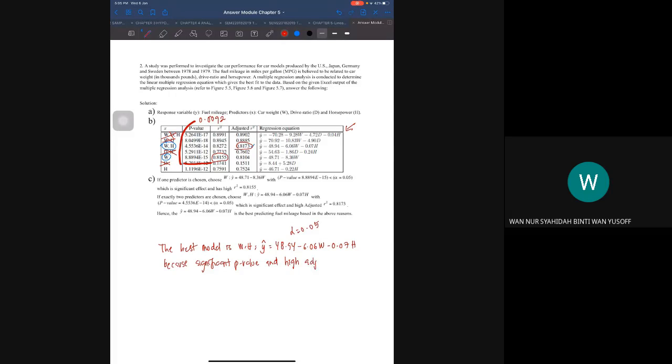Height adjusted R square, because it is not the highest one.